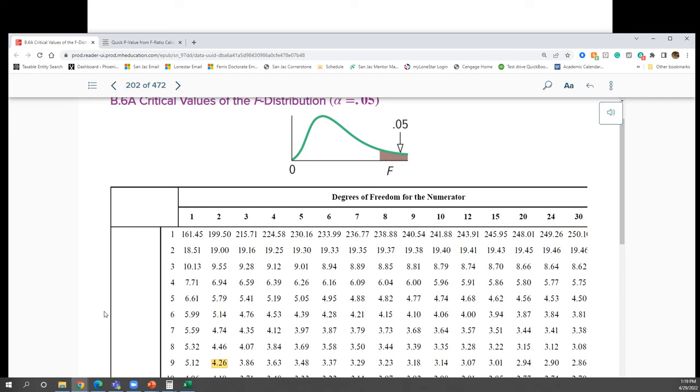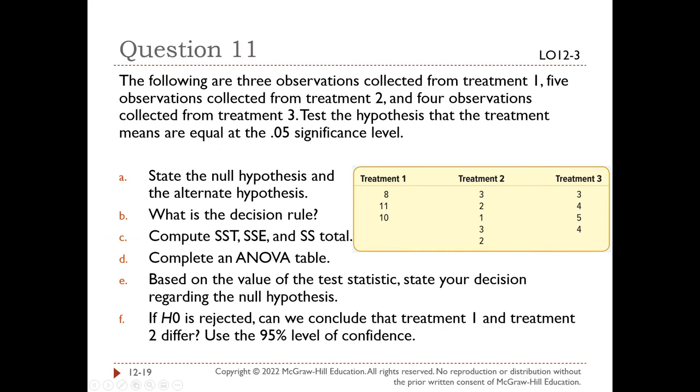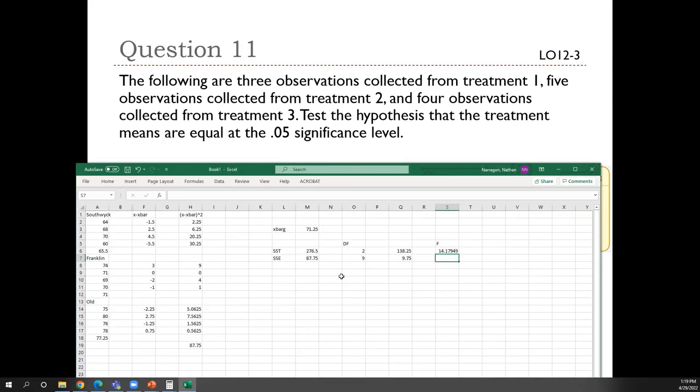Okay. Now, they want us to compute SST, SSE, and SS total. Cool thing is, we were smart enough, we already have our Excel still here. And again, SS total is just the sum of these two.